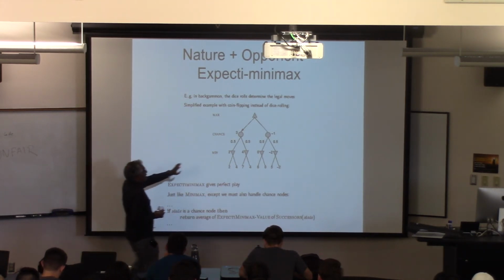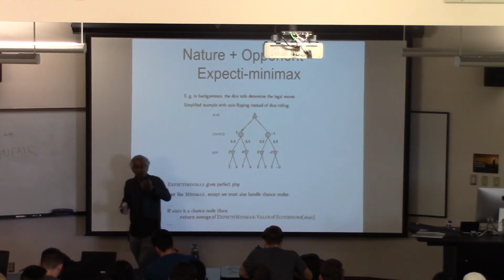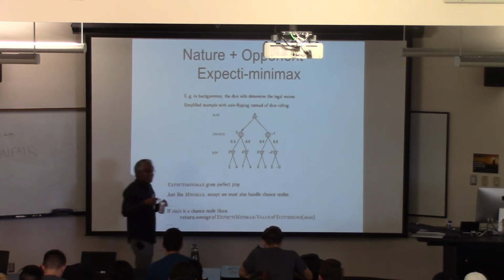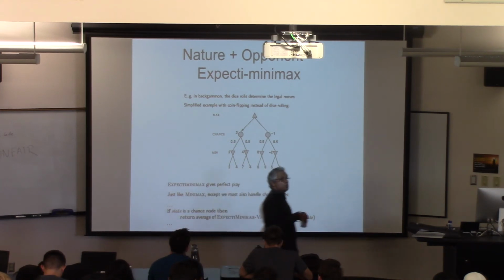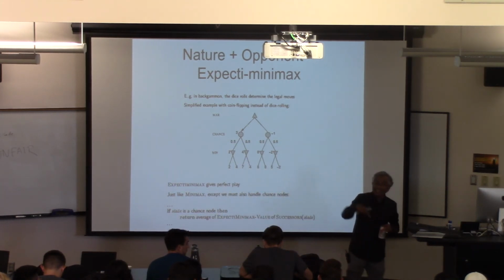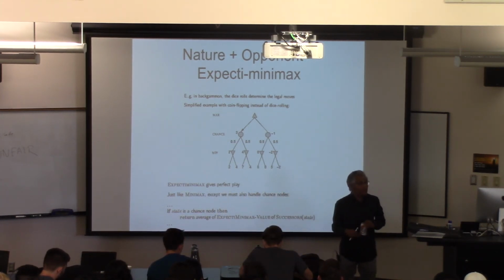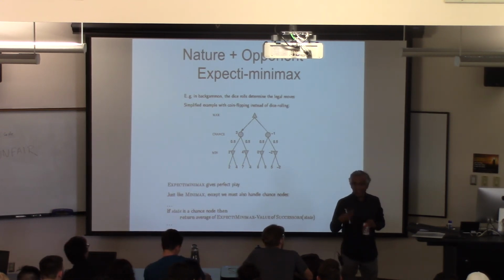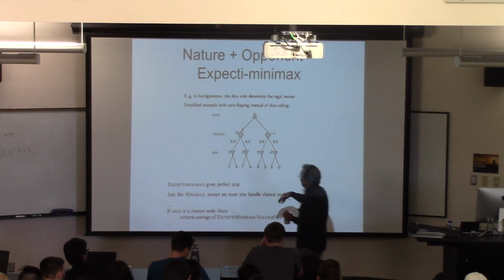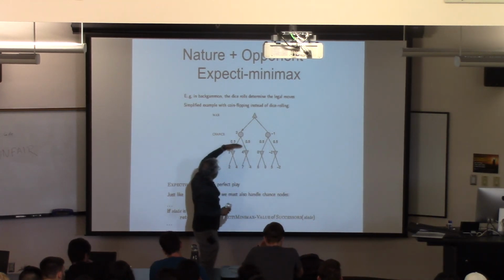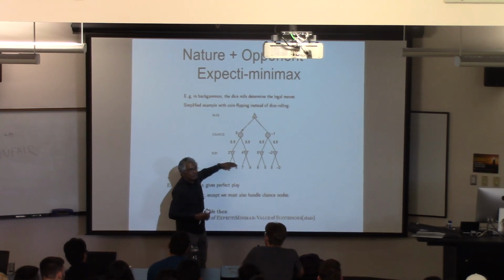Okay? But in some other games, you throw the dice, then the dice tells you what moves you can make, you pick one of those moves, and then the opponent can do whatever they want. Many games are like that. There, you do essentially one more layer. So here's a max layer, here's a chance layer, here's a min layer.